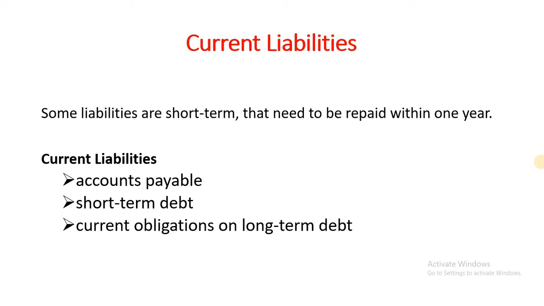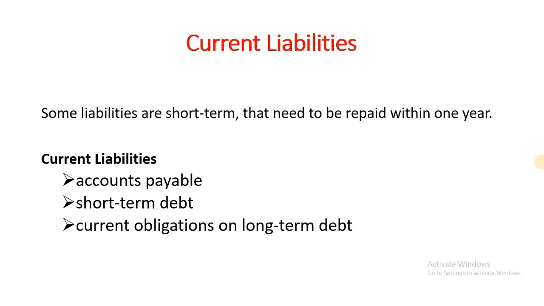Rather, it might decide to purchase some of its raw material on credit. So, Bata Shoe Company Limited will pay its raw material supplier on accounts payable probably within 3 to 4 months. These are the accounts payable which are needed to be paid within a short period of time.